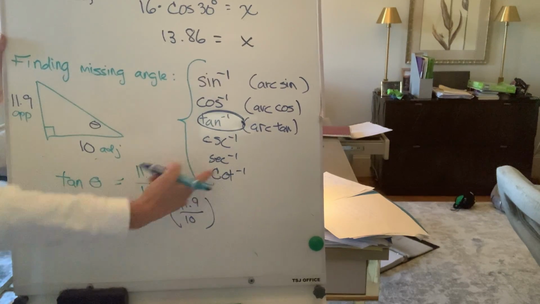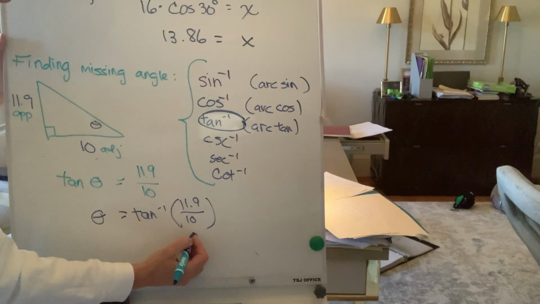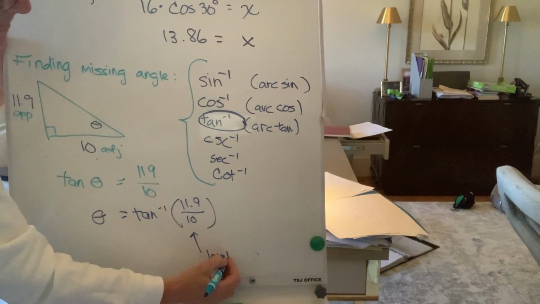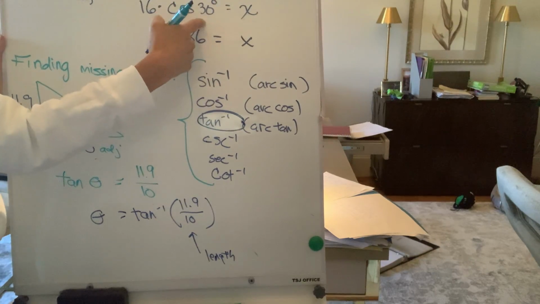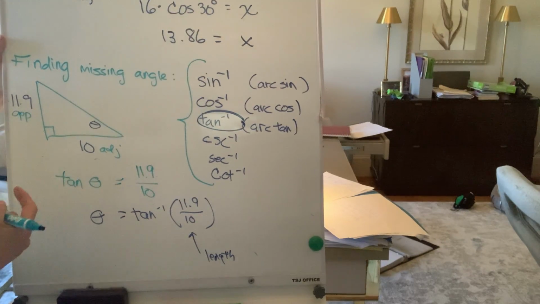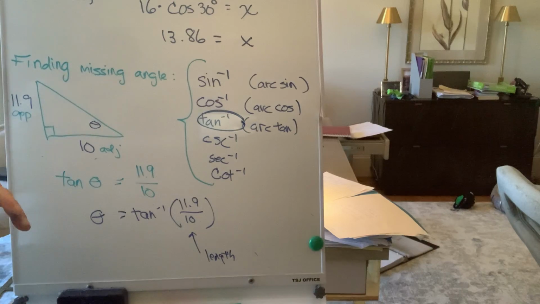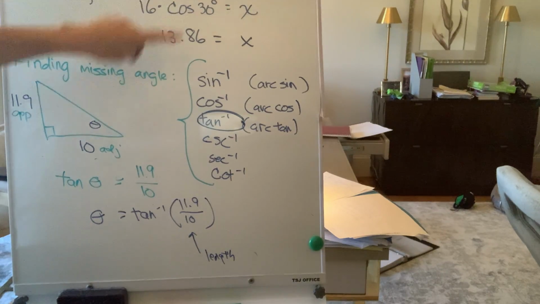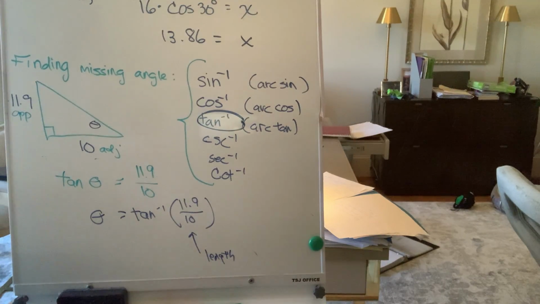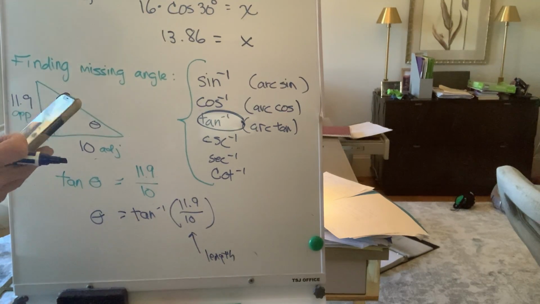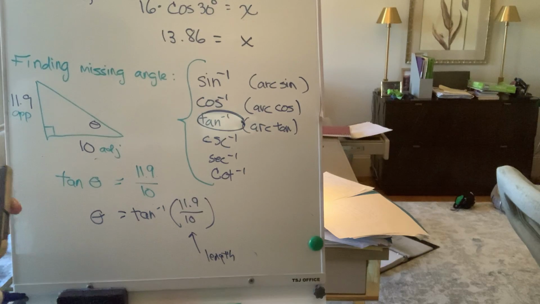So when you're using these functions, you're plugging in a length here. When you're using this function here, you're plugging in an angle. So the regular trig functions, you plug in an angle. The inverse trig functions, you plug in a length to get the angle. So your calculator has that button. You should make sure you know where to find it.